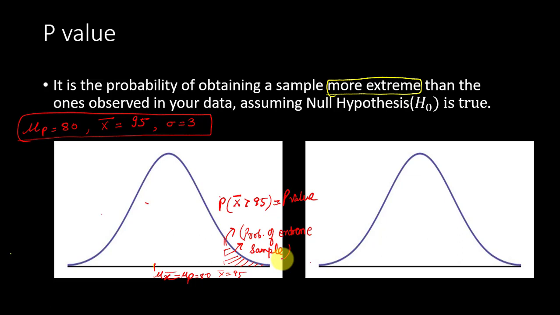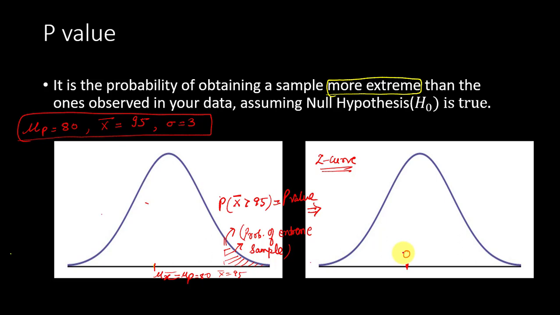Okay, and how do we calculate this? This is the sampling distribution of mean, the first graph. In the second graph, we convert it into a z curve. We know that the z curve is the standard distribution curve having mean as 0.